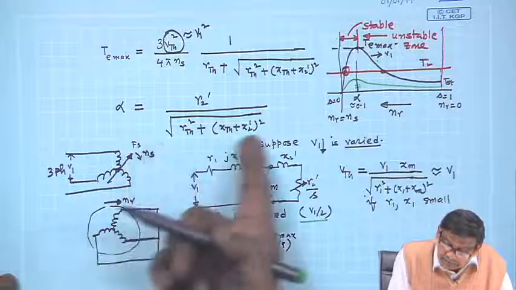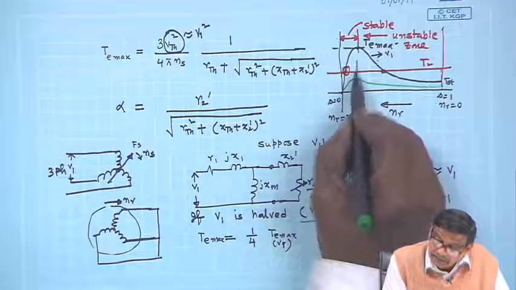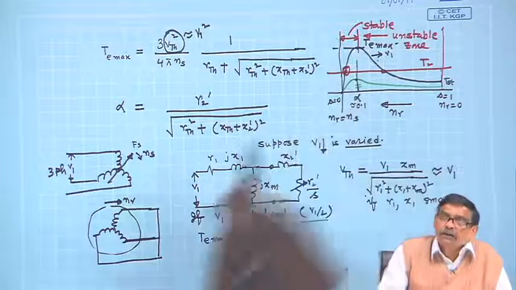The slip at which maximum torque occurs does not change. Therefore, this peak here will remain at the same slip value, but it will become only 1/4.